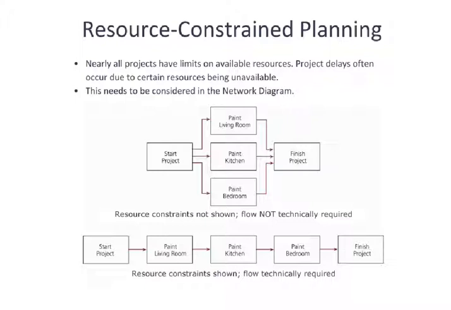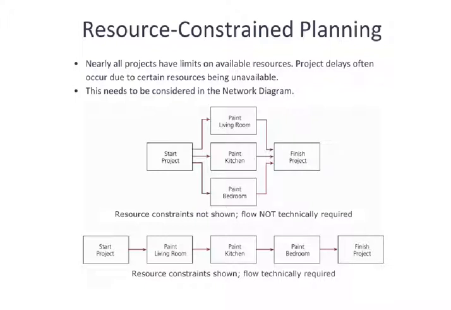So if you look at this upper diagram, the one up here, it is assuming that we have sufficient equipment and sufficient personnel to be able to paint all three of these areas of the project simultaneously. That may be correct. If it is, this is a valid network diagram.